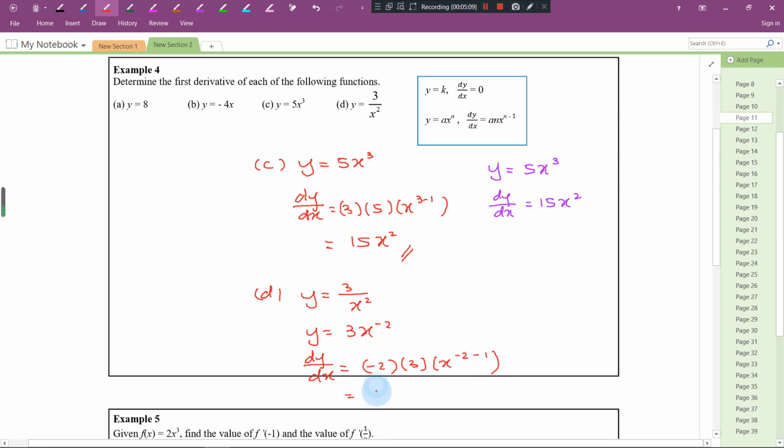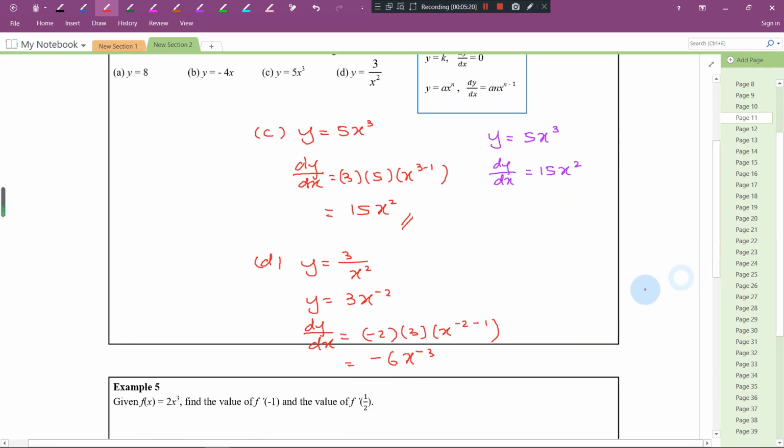So eventually you will have negative 6, negative 2 times 3, you get negative 6, and this is x raised to the power of negative 3. But we don't stop here, we do one more step, change back to this form, negative 6 over x power 3. Okay, so this is the final answer for part D.